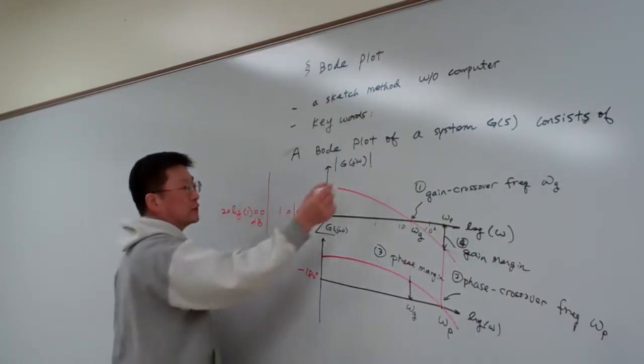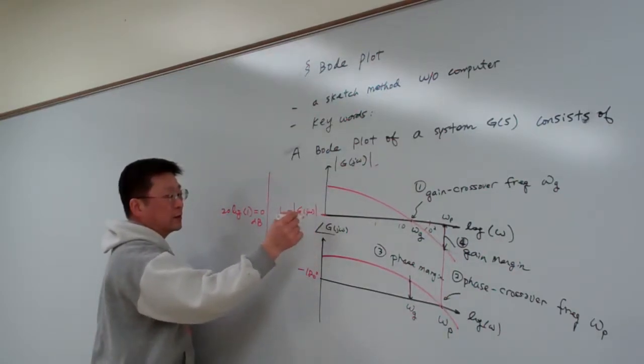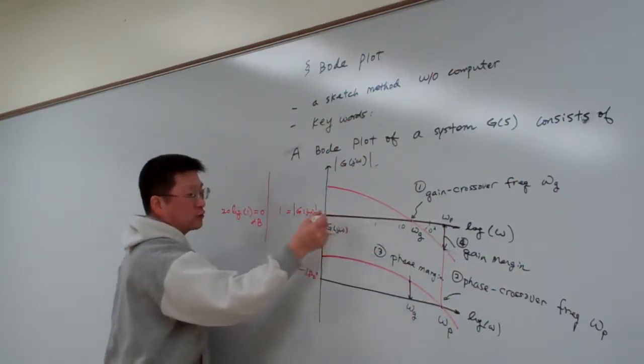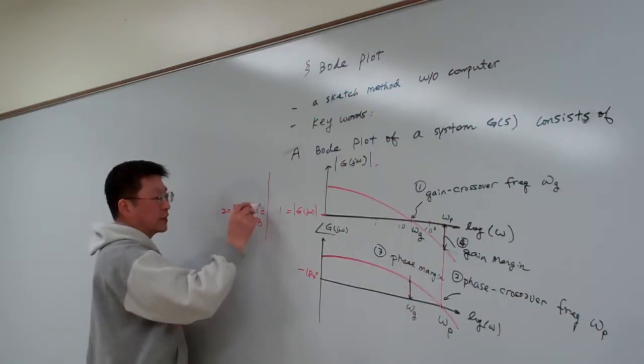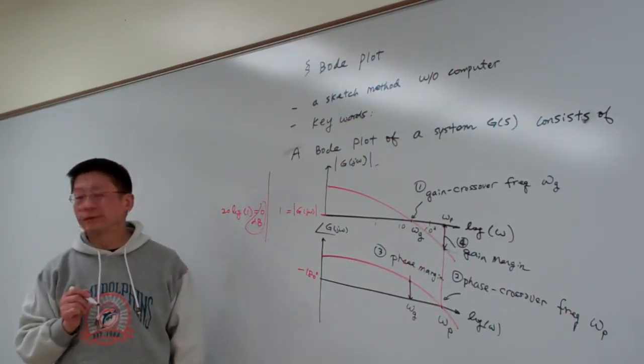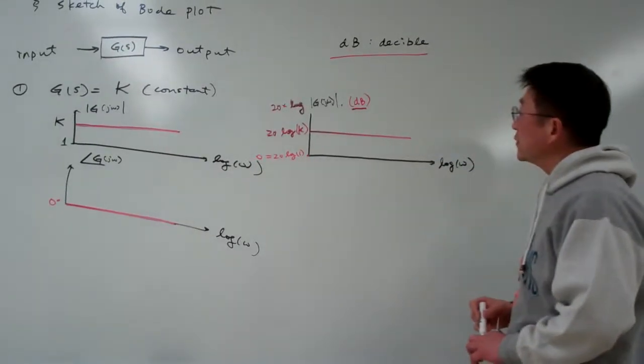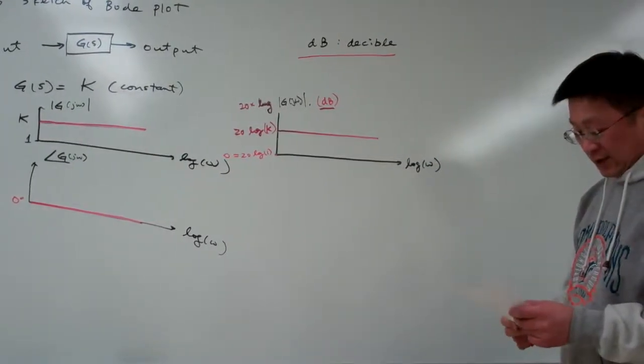So if you like to describe this in decibels, this level corresponds to magnitude of 1, basically 0 dB. This helps you get familiar with the term decibel.